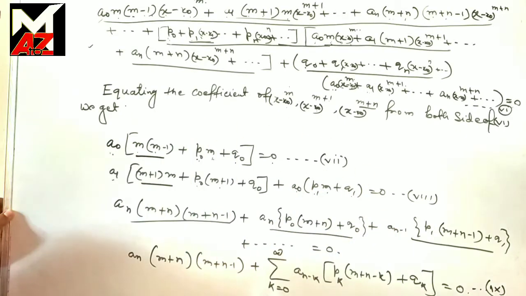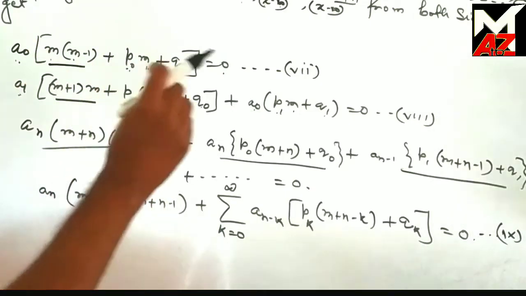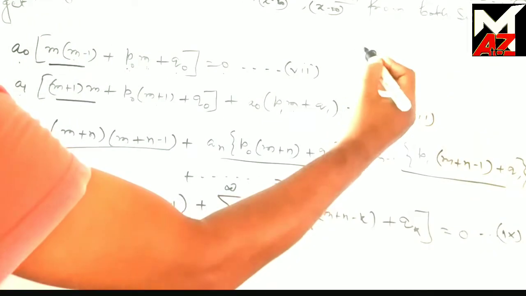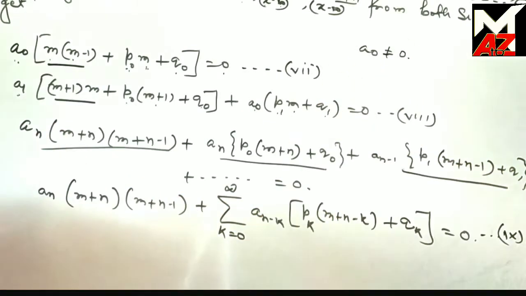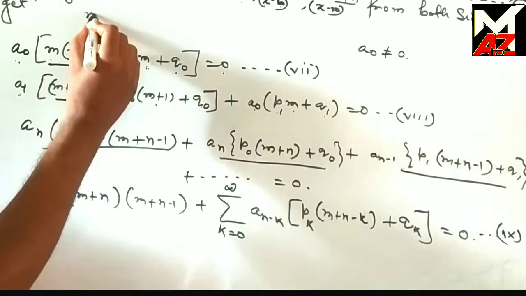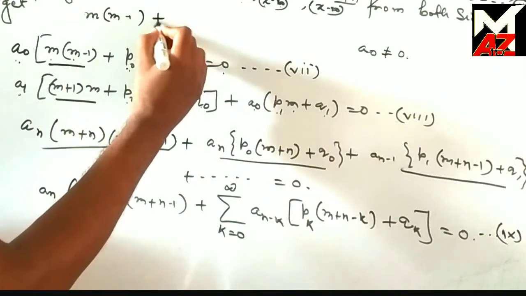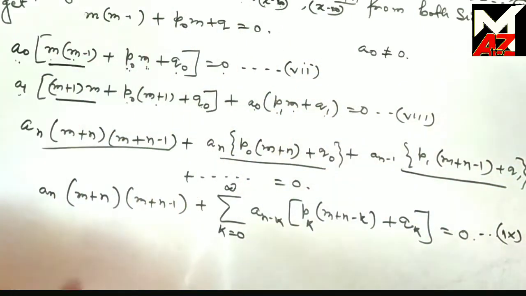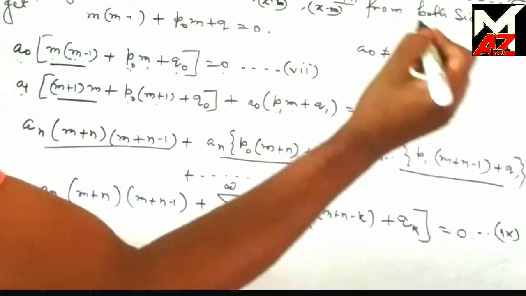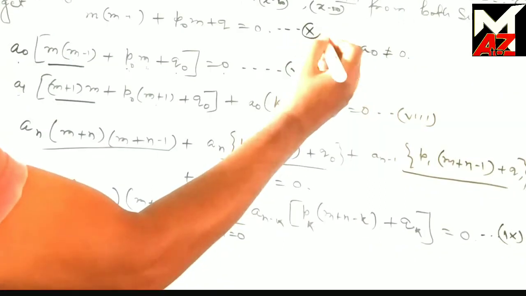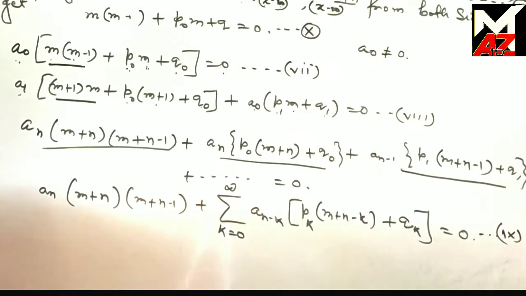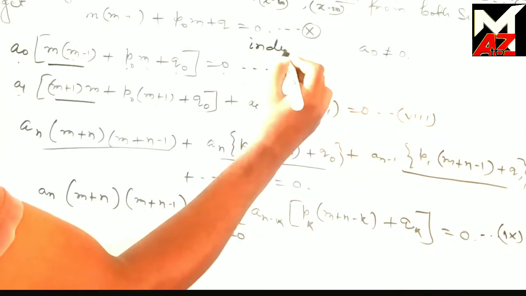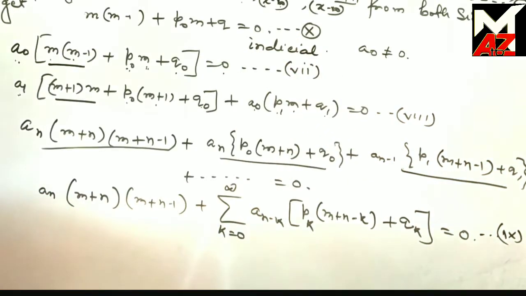This is 9. In series solution, we know that the first coefficient a0 must not be 0. So we say that m into (m minus 1) plus p0 m plus q0 is equal to 0 from 7. The name of this equation is 10. This equation is called the indicial equation of the differential equation.